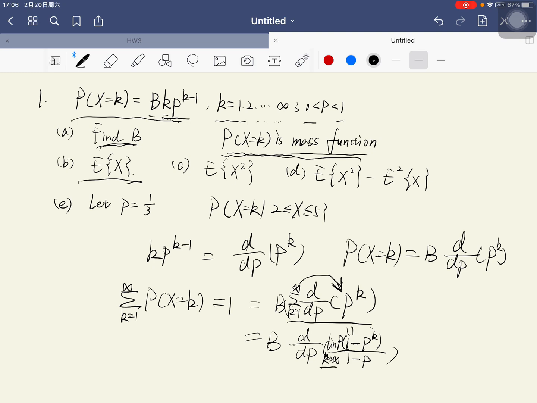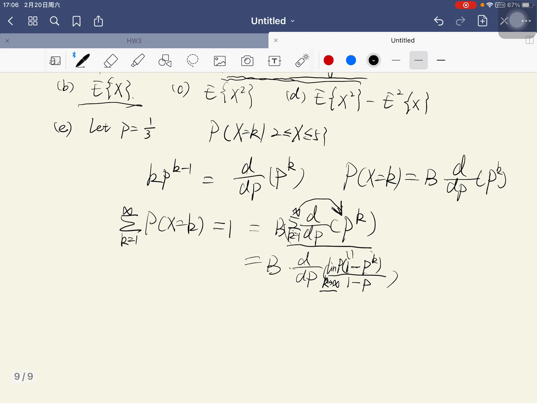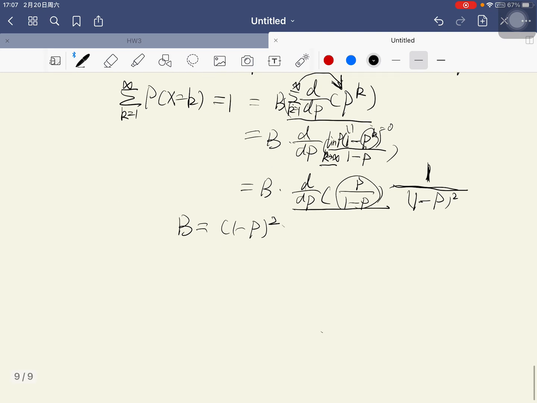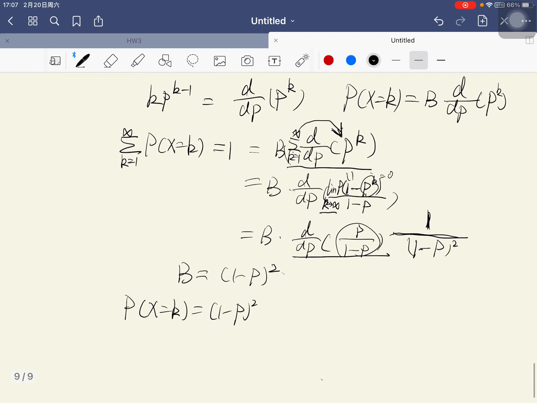When k goes to infinity this term is 0, so we could compute it as the derivative with respect to p of p over (1 minus p), and the derivative of this is 1 over (1 minus p) to the power of 2, since the numerator is 1, so it equals 1. So b is equal to (1 minus p) to the power of 2. So the probability function is (1 minus p) squared times k times p to the power of k minus 1.